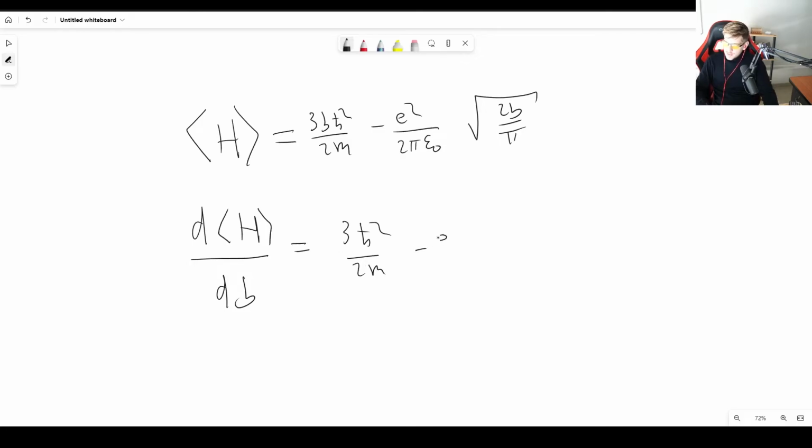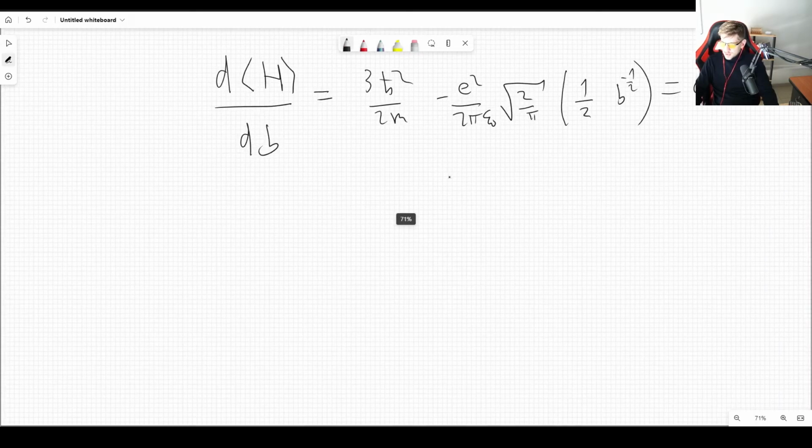Then minus e squared 2 pi epsilon 0 square root of 2 over pi, and then the derivative with respect to b of b to the minus 1/2. That's going to be, actually it was 1/2 back then, now it is minus 1/2. Okay, and this has to be equal to 0. So now let's put it on opposite sides.